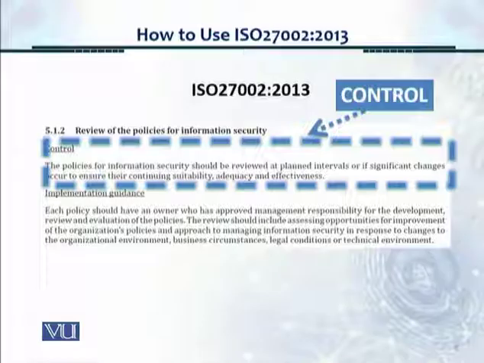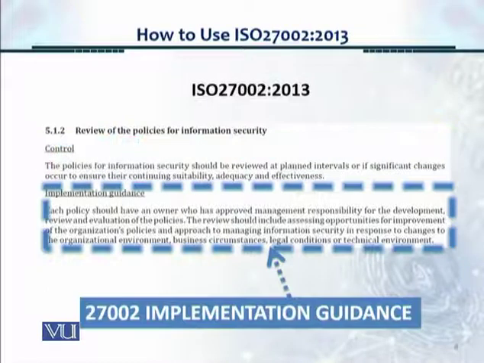The policies for information security should be reviewed at planned intervals or if significant changes occur to ensure their continuing suitability, adequacy, and effectiveness. I had just read out in the previous screen this exactly same control, 5.1.2, from 27001. So up till now, things are exactly the same. Now, this is the part which is different.